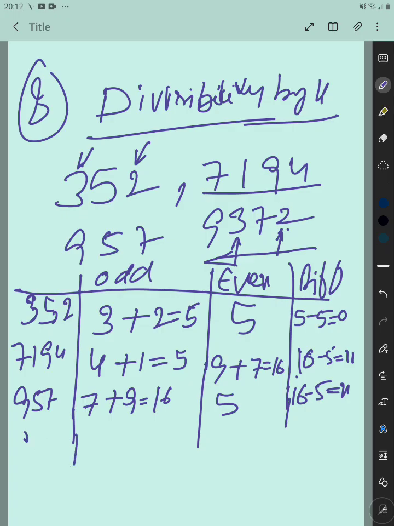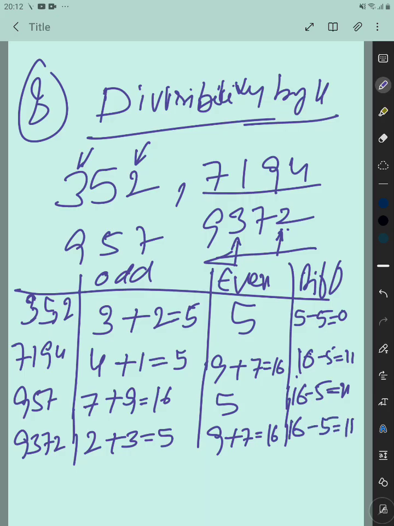Fourth number, 9372. At odd places it is 2 plus 3, which is 5. At even places it is 9 plus 7, which is 16. And 16 minus 5 is equal to 11. Let's take another number, because it is always 11.